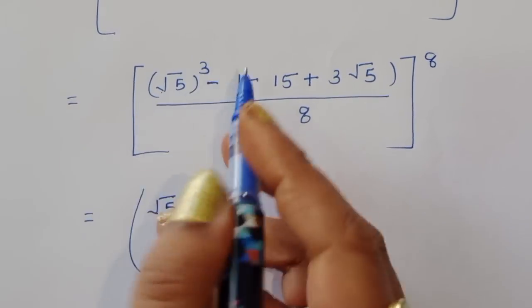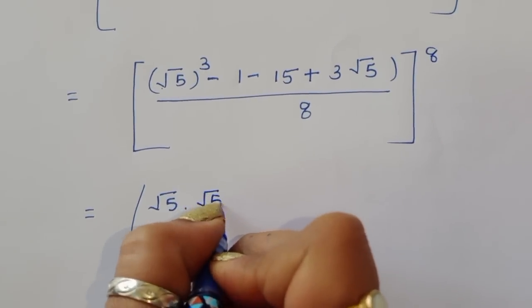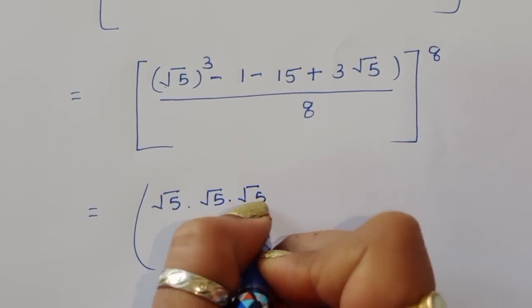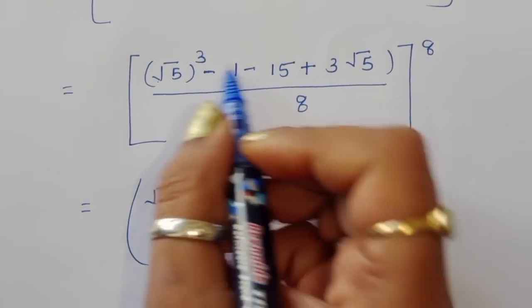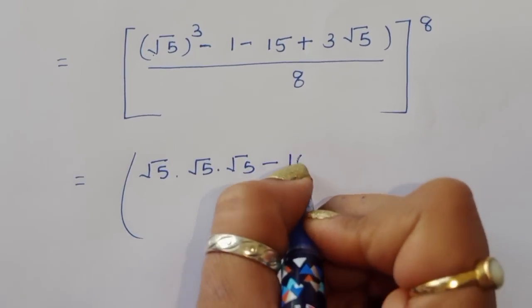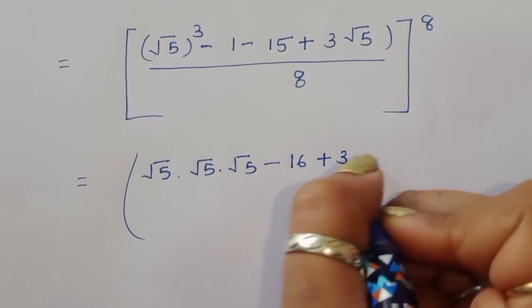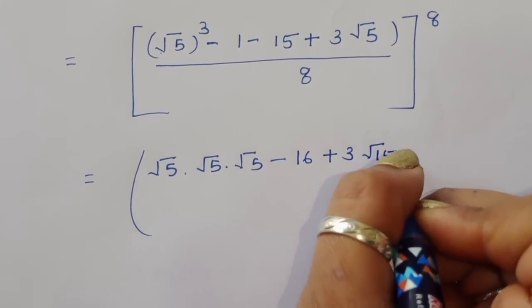Now square root of 5 cube, so square root of 5 times square root of 5 times square root of 5 minus 1 minus 15, so minus 16 plus 3 square root of 5, right?